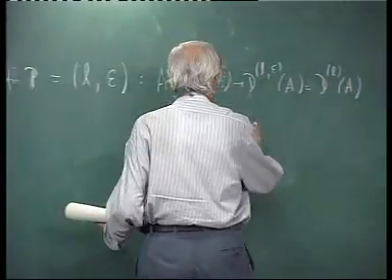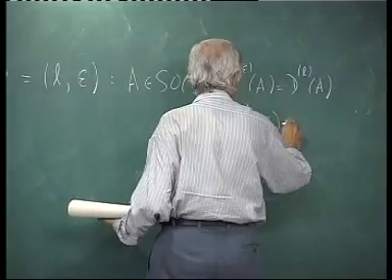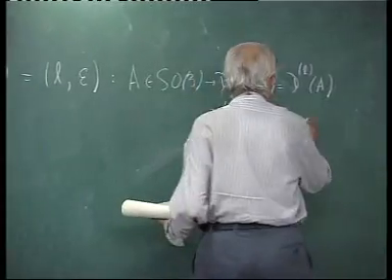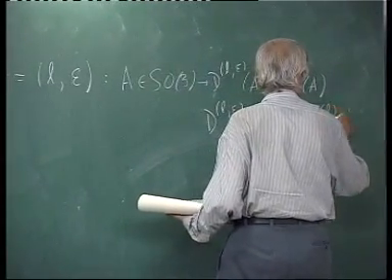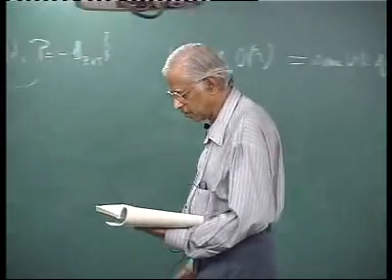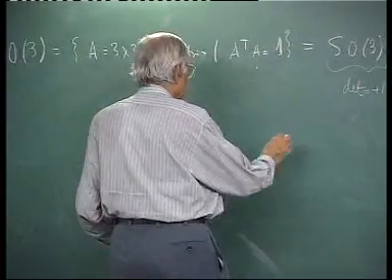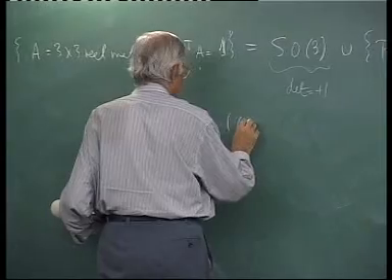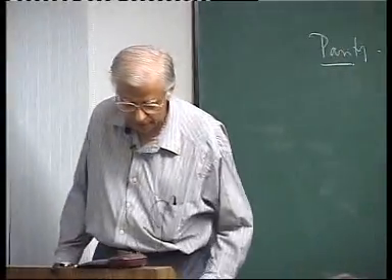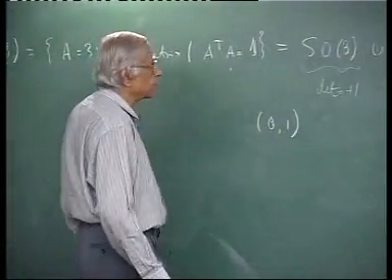And then for the other elements of the full group of the form parity times A, where A is a proper rotation, this is just epsilon times d of A. So you decide what you want to choose for epsilon, and you get one representation or another. So let us look at simple examples. What would be the physical description of this representation of the full rotation group? L is equal to 0, epsilon is equal to +1.